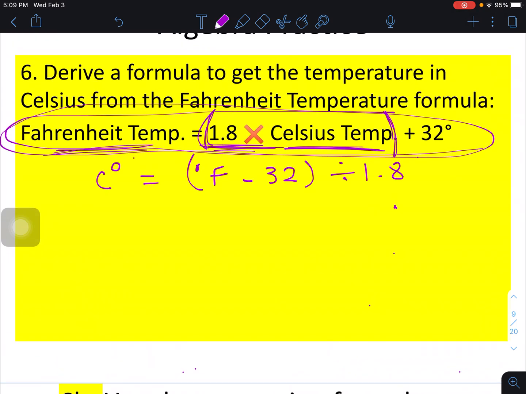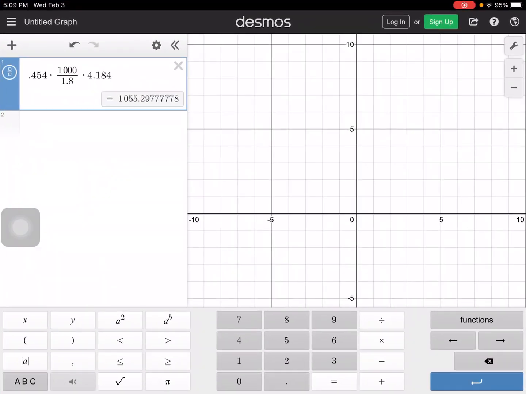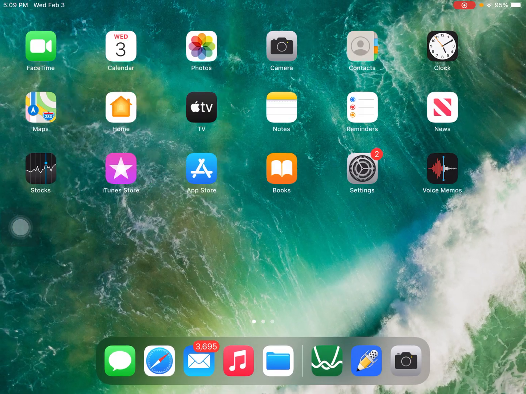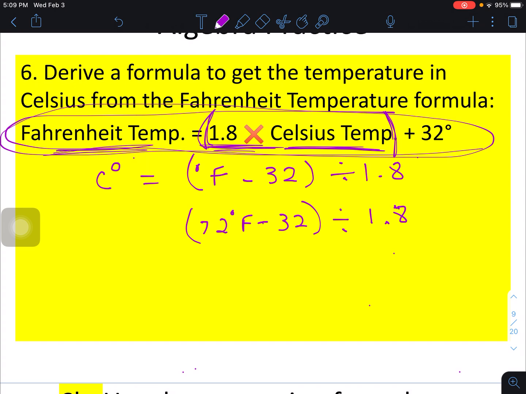So we'll use the second scale here: 72 degrees Fahrenheit minus 32, and then you'll divide that by 1.8 to get the answer. 72 minus 32, in parentheses, divided by 1.8 is 22.22, which equals 22.2 degrees Celsius. That's room temperature.